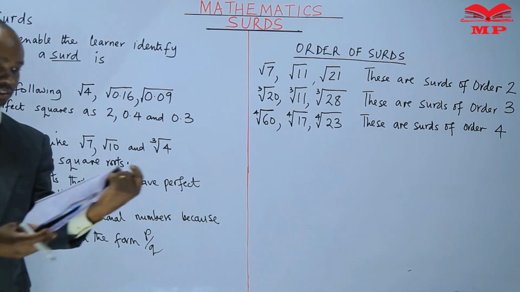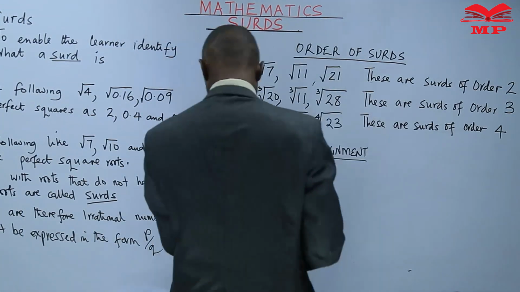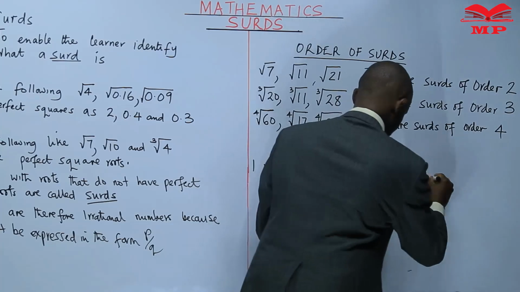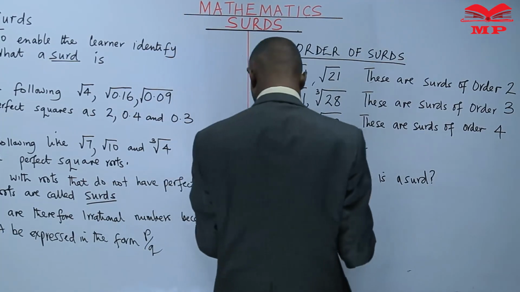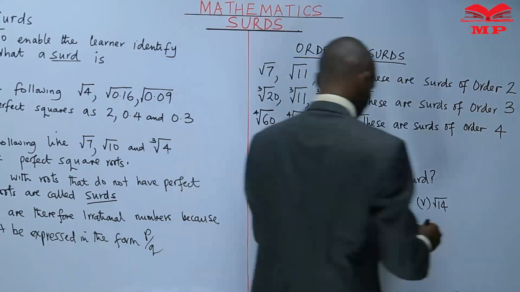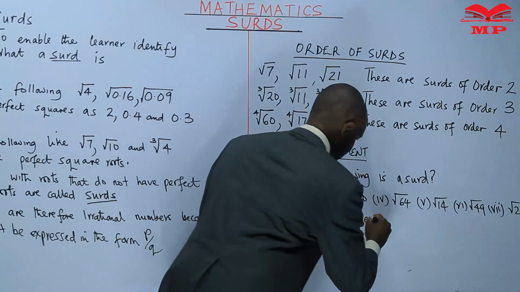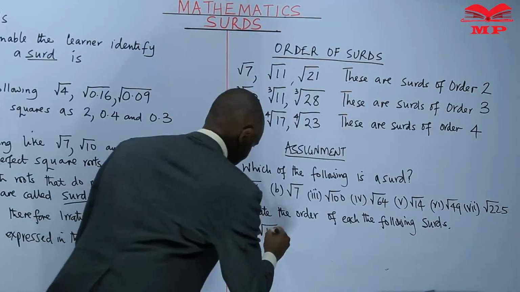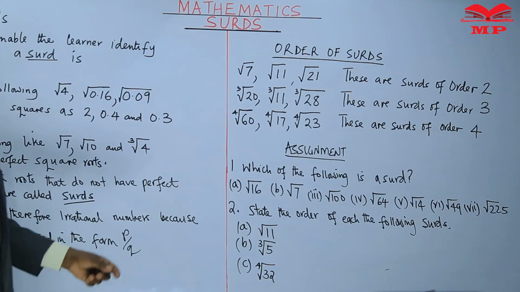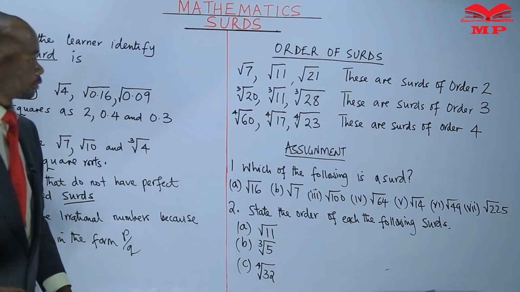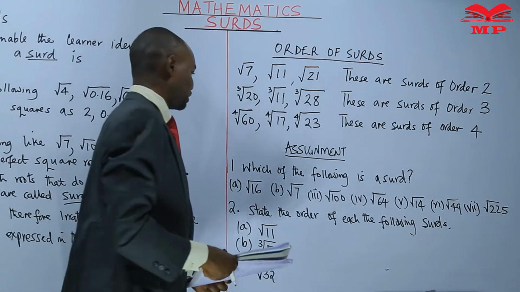So in the assignment for surds, in the first question, which one of the following is a surd?